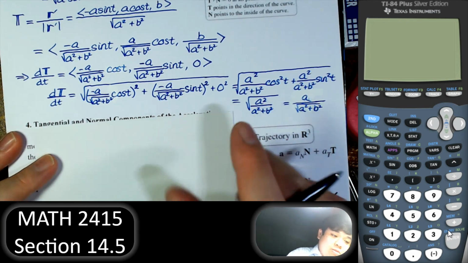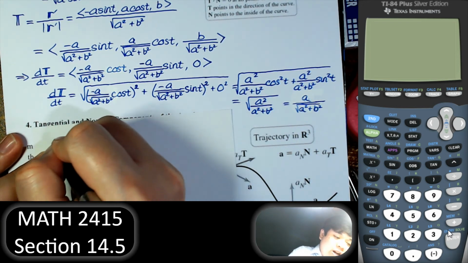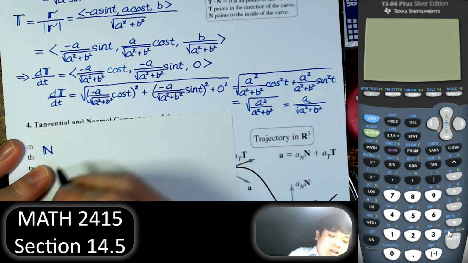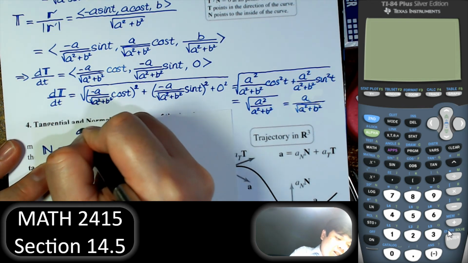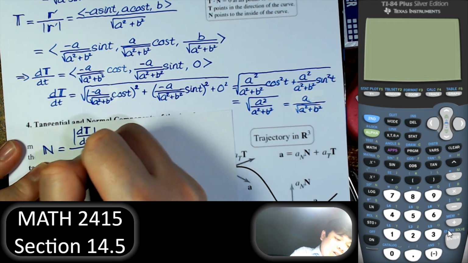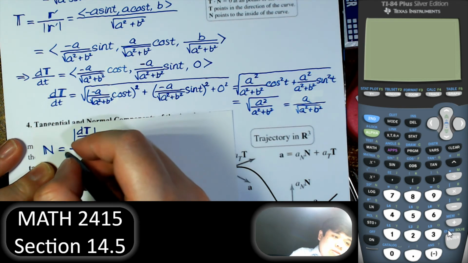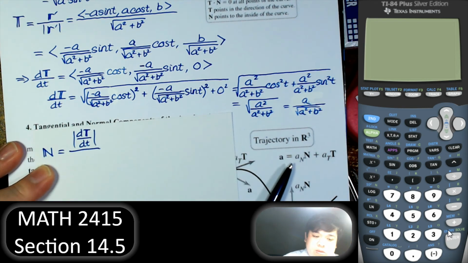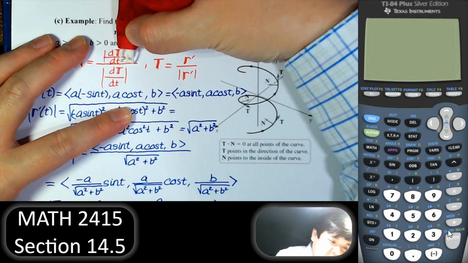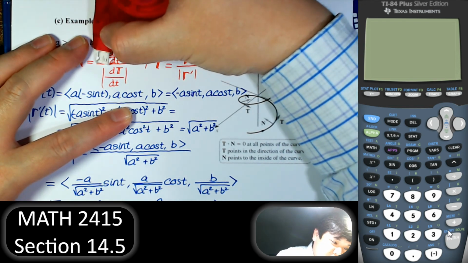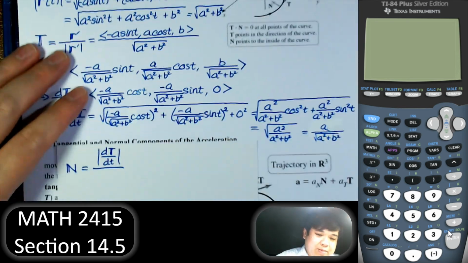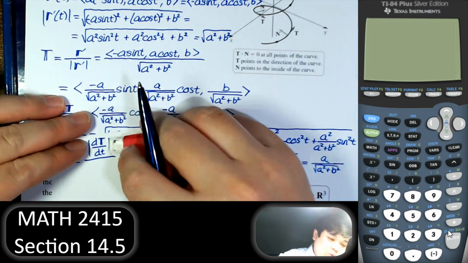Finally, the principal unit normal vector. Again, that is the boldface N. There are no magnitudes on the top because that is the vector. Otherwise, it's just one.